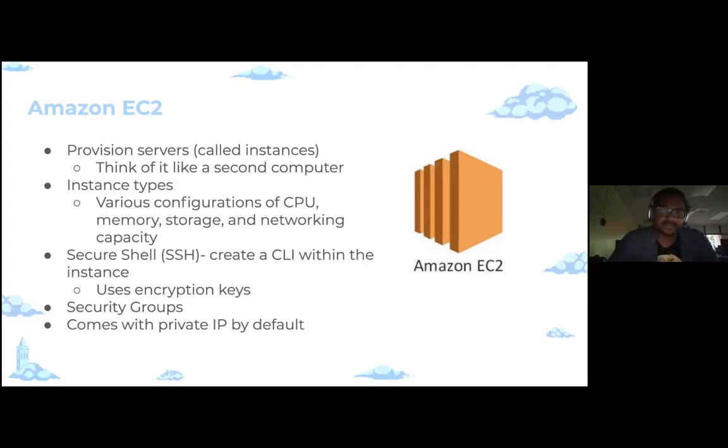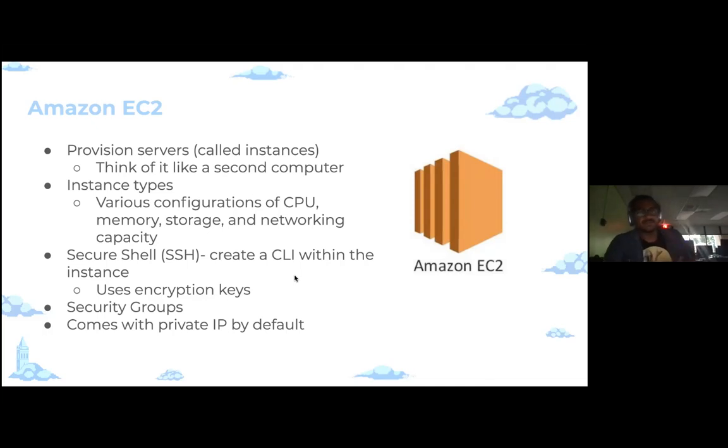So for example, if I provision some servers, instances, using EC2 through AWS, the most basic method of accessing those servers would be using SSH, which would give me this command line interface, which is what CLI stands for, with those instances.